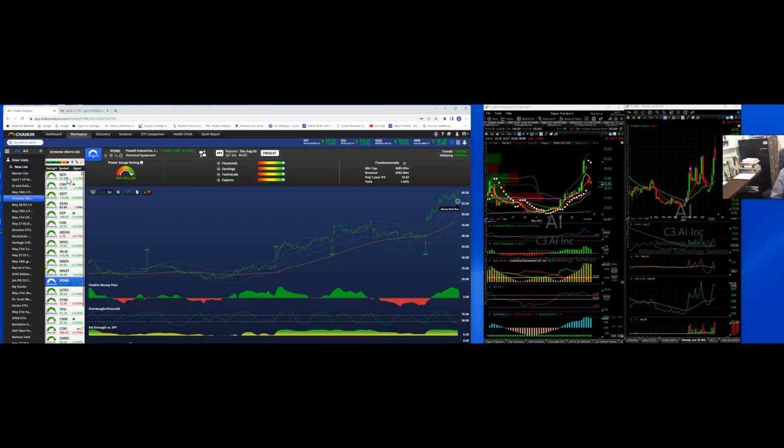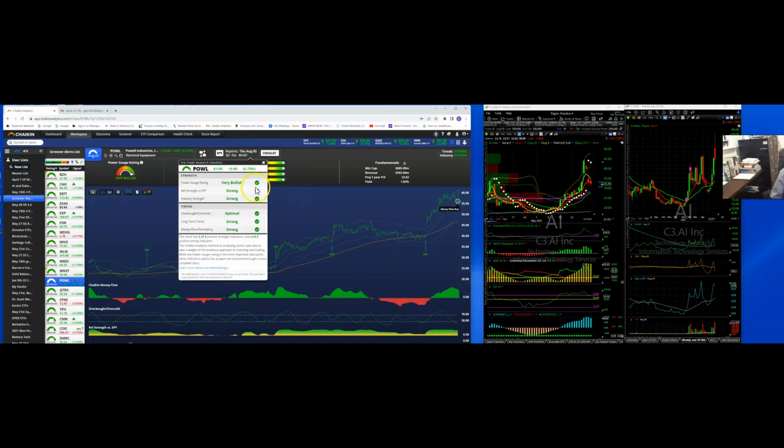They're oversold pretty much. They have strong money flow and strong relative strength. So they're ideal. If you look at the checklist, it's usually almost all green, if not all green, with an optimal buy. They're saying this is the optimal time to buy it.